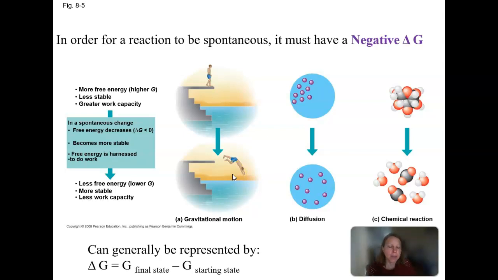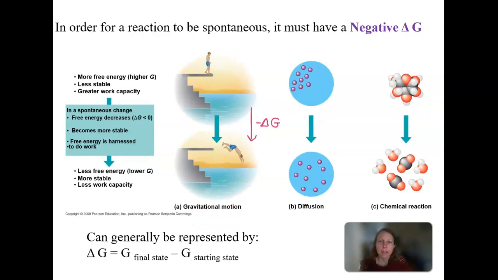And because of this change, they go from having greater potential energy to less potential energy. In addition, the diver is less stable at the top of the diving board and more stable when they get into the water. This correlates very nicely with what's going on in a chemical reaction. There is more potential energy in this larger biological molecule.